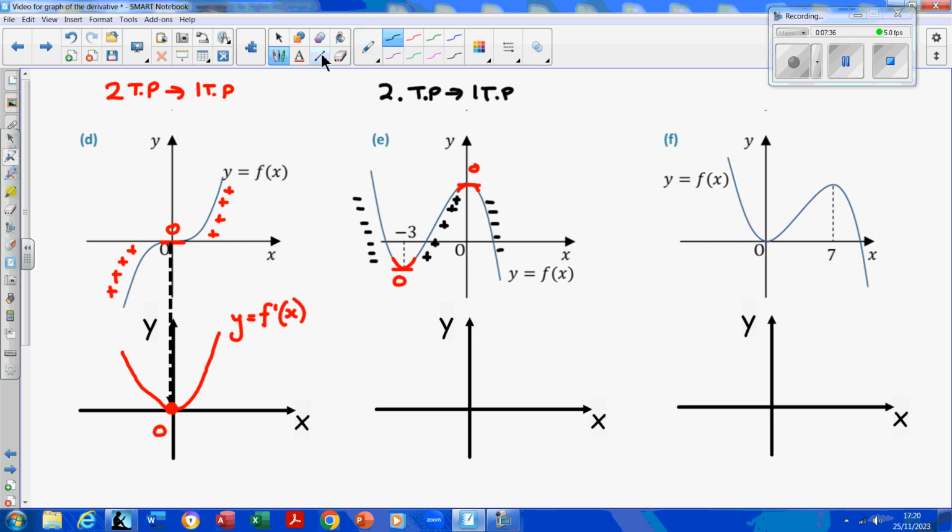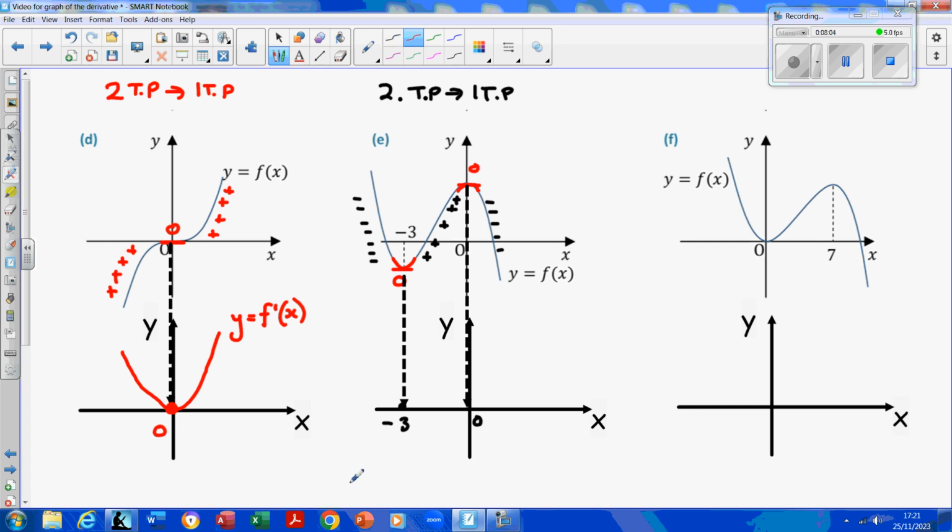Right, so same rules, we'll drop the turning points down onto the x-axis, so that one comes down there, that turning point comes down there. So we'll put in the numbers for that, so that was at x equal to -3, that one was at x equal to 0. So what's happening? That is negative, so it means that the graph is below the axis. So on its way towards that turning point, it's got to be below.